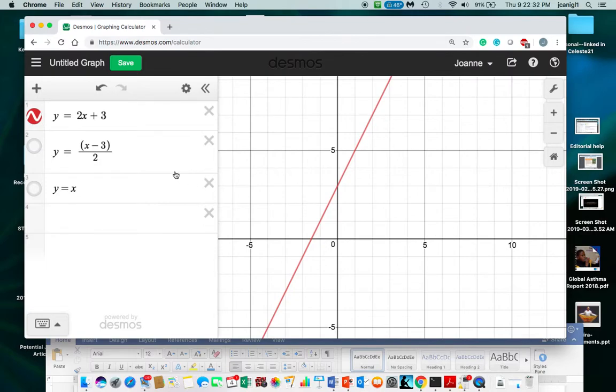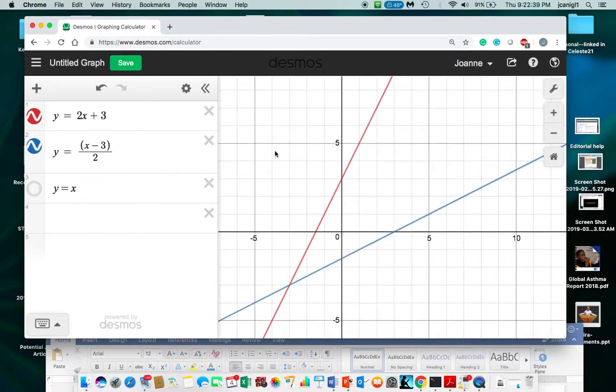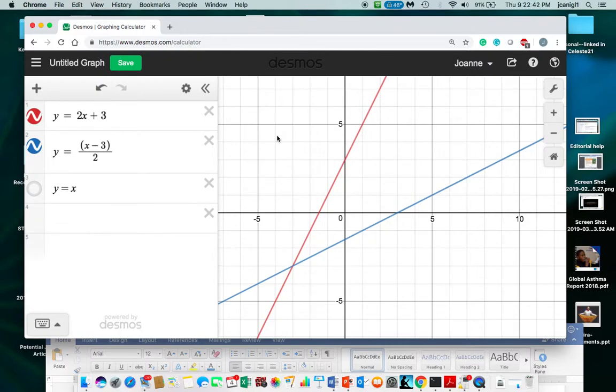Now let's graph the inverse function that we just found. And we have that line like that. Now there are many ways of graphing a function and its inverse. In this case, I used a calculator just to show what those two lines look like. But I could have used the slope-intercept form. Notice that the y-intercept of the first equation is 3, and then you go up 2 over 1.